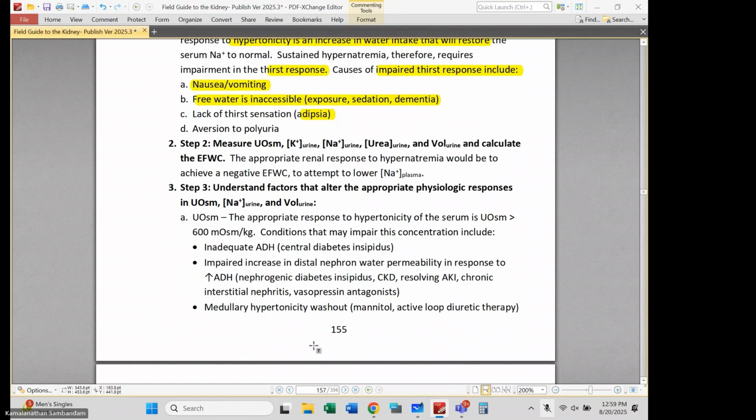And these patients are interesting. The adipsic patients can come in profoundly hypernatremic because their water excretion is a little more than their water intake every day. And so their sodium just ticks up a little bit every day. And they can be very well compensated with a serum sodium of 170 in these patients with adipsia, because they just don't have a thirst response, and they just got a little bit hypernatremic every day.